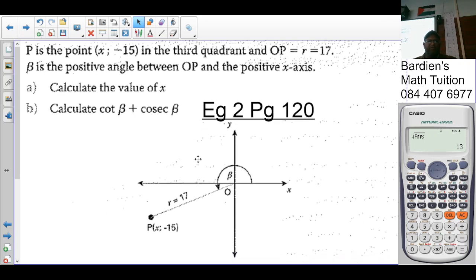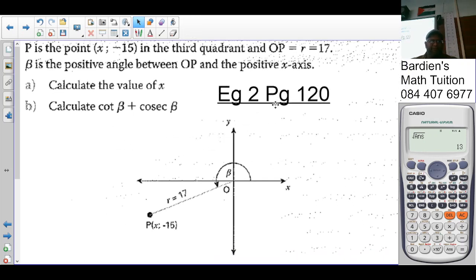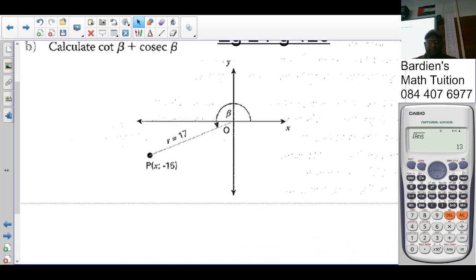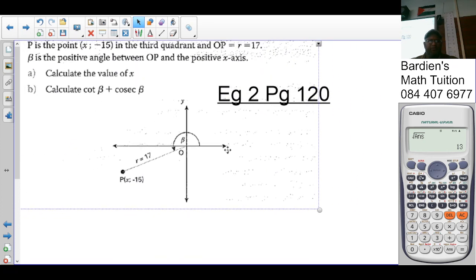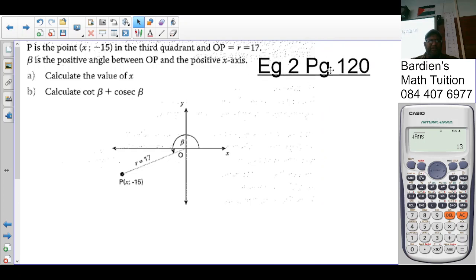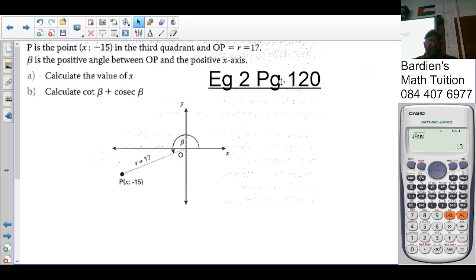So here we are told that P is a point (negative x, negative 15), as you can see here. It's in the third quadrant: quadrant 1, 2, 3 and 4, so yes, it's the third quadrant.